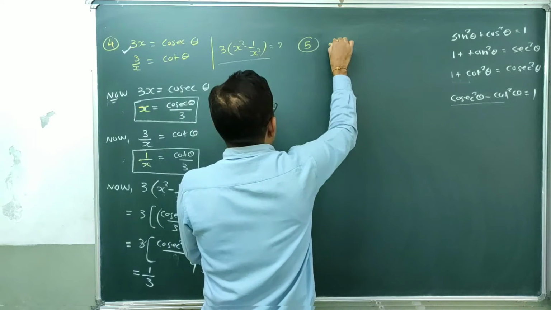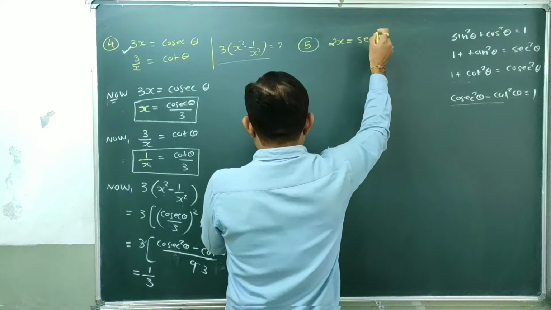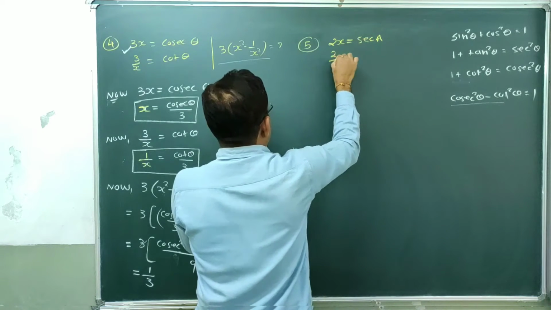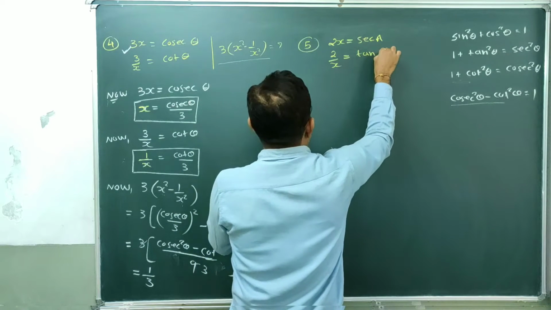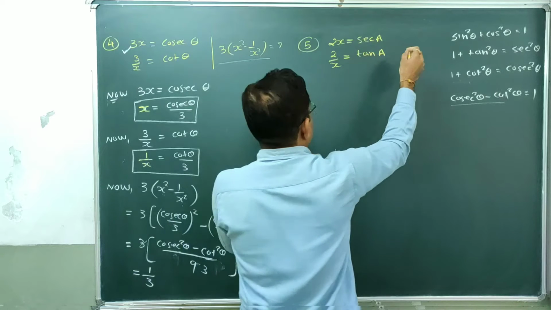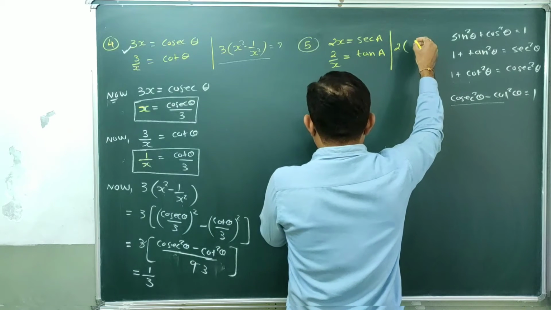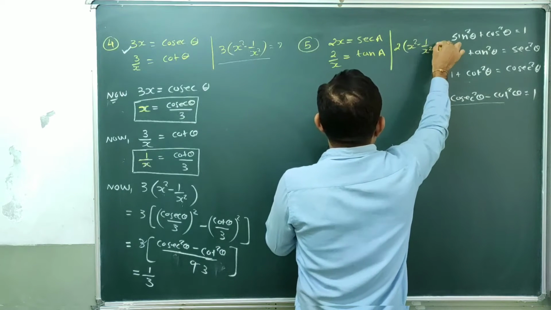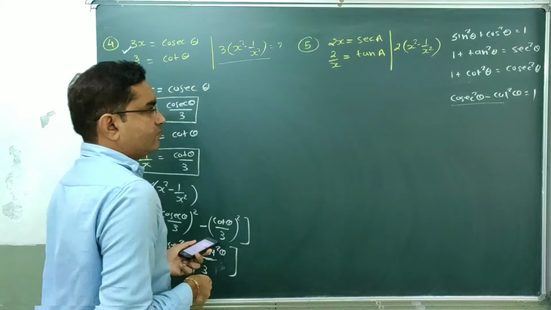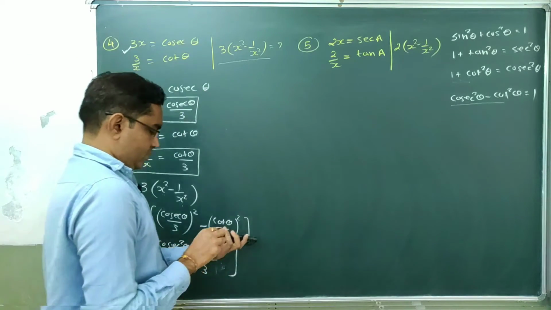Here we are given 2x equal to sec a and 2 by x equal to tan a. So find the value of 2 into x square minus 1 by x square. Same method is there but with different identities. So let's try to solve this question.